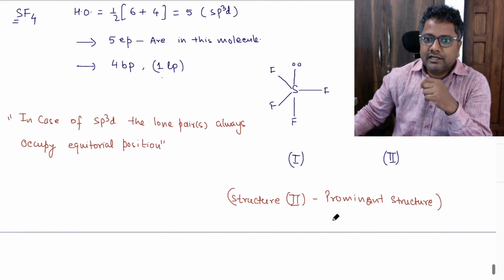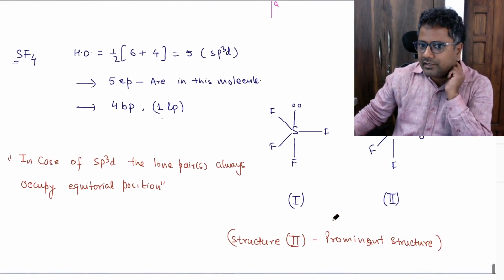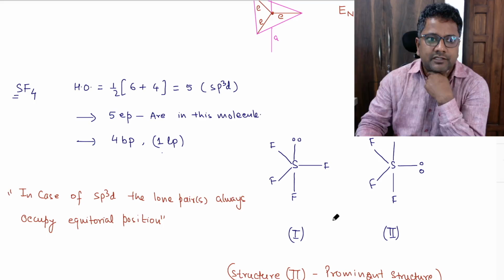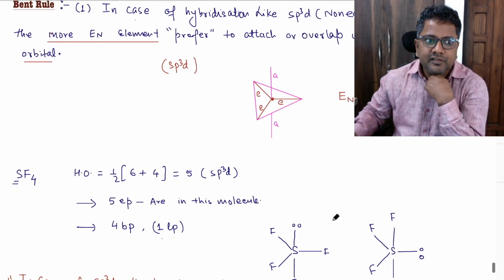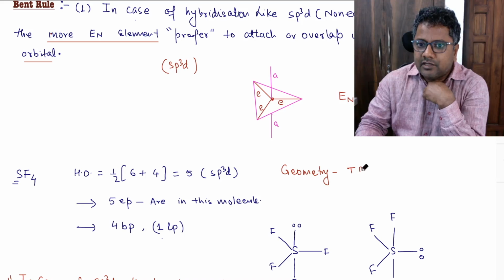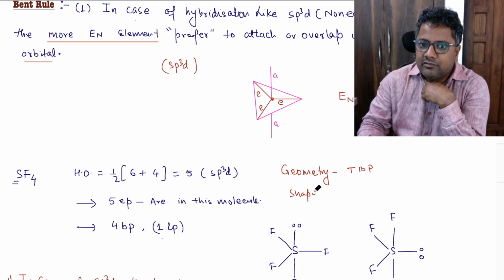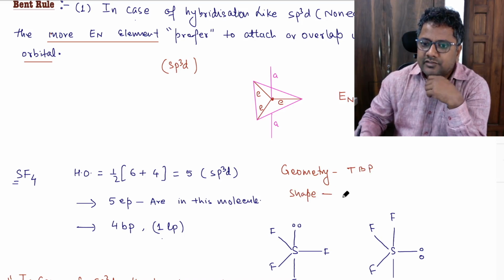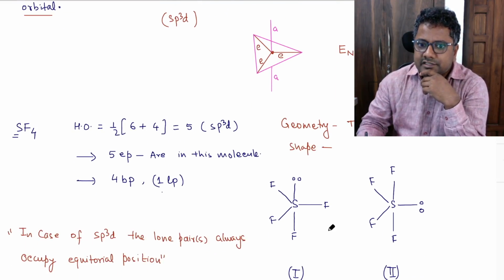Now what will you say about the geometry of this molecule? The geometry is TBP, trigonal bipyramidal. But what is the shape of this molecule? You have to explain the shape for number 2.